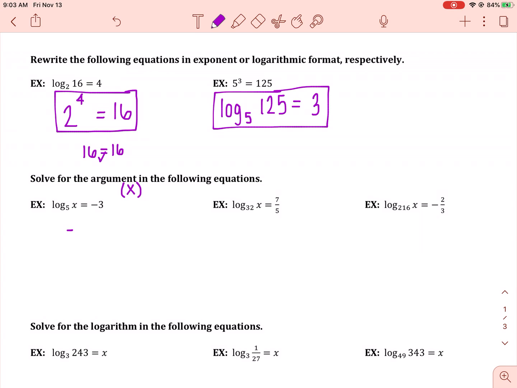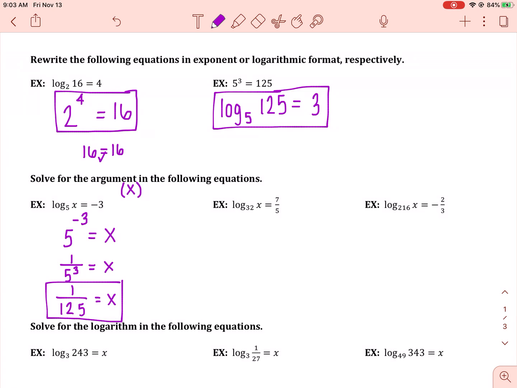So that means I'm going to take my base, raise it to -3, and that's going to equal my argument. Same conversion as above. Now we have exponents. We work with exponents. You can't have negative powers, so you bring it to the bottom, make it positive, and then simplify. You just solved for x by first taking your log format and putting it into exponent format.